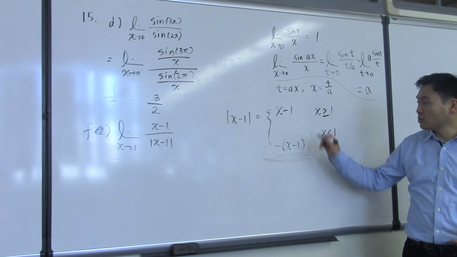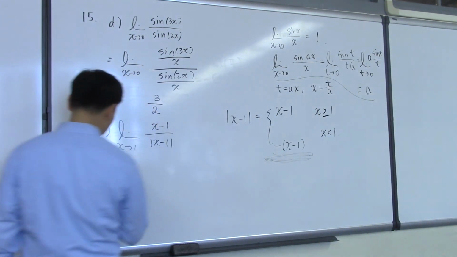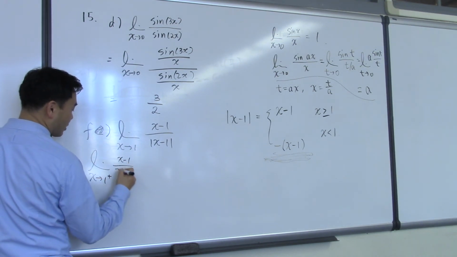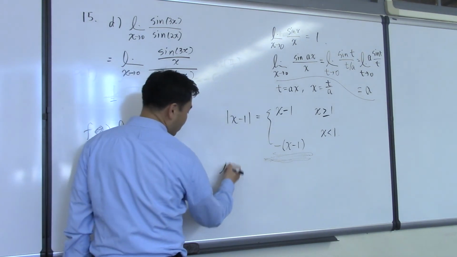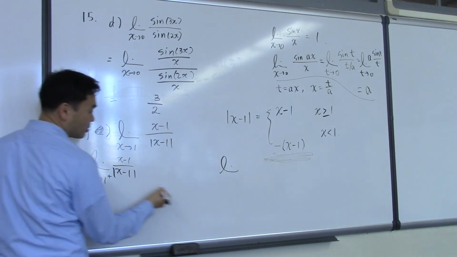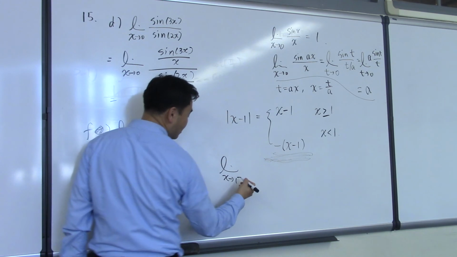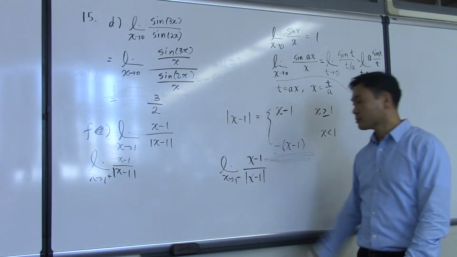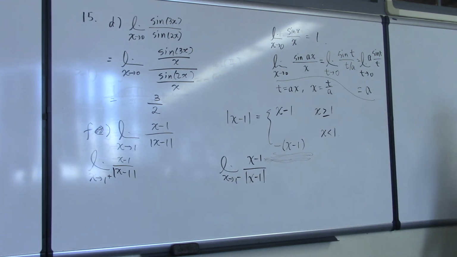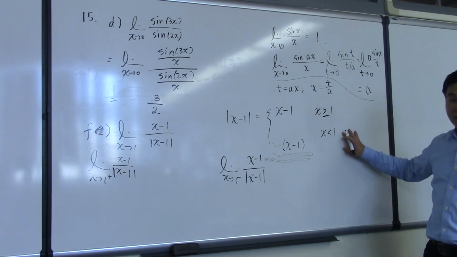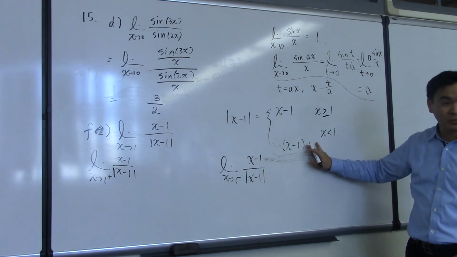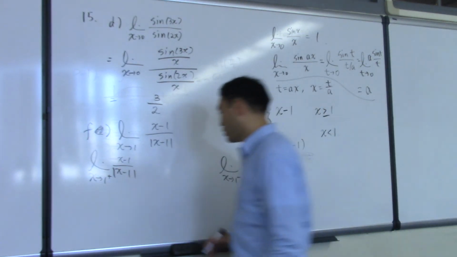All right, so using this, we now can think about the limit as x goes to 1 from the right of x minus 1 over the absolute value of x minus 1, and also the limit as x goes to 1 from the left of x minus 1 over the absolute value of x minus 1. I'm choosing these two as different cases because depending on whether x is bigger than 1 or less than 1, it's going to use different definitions for this absolute value, right?